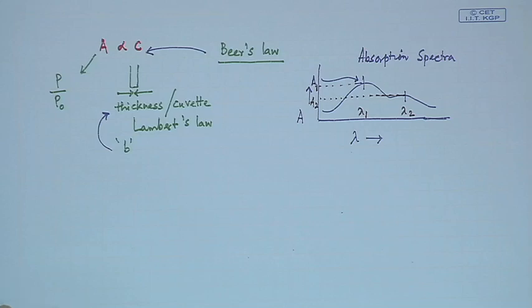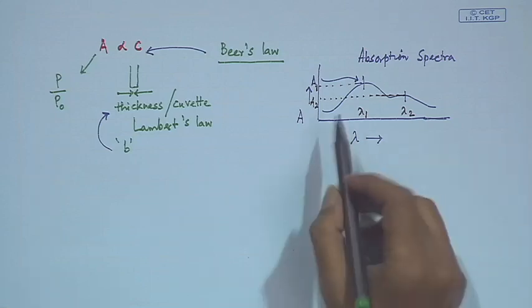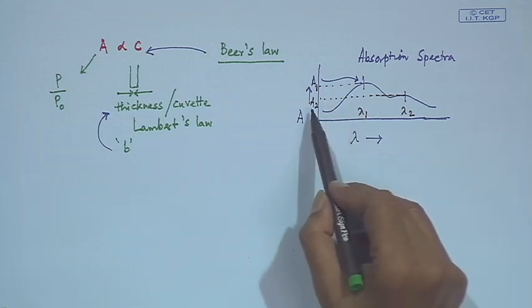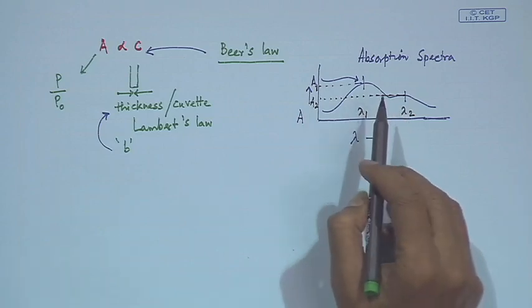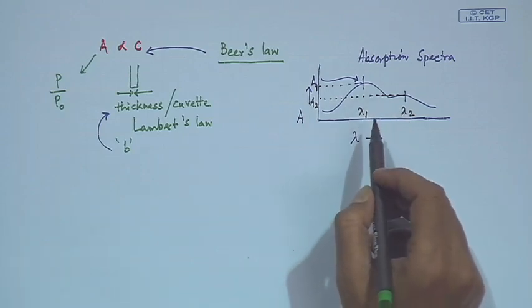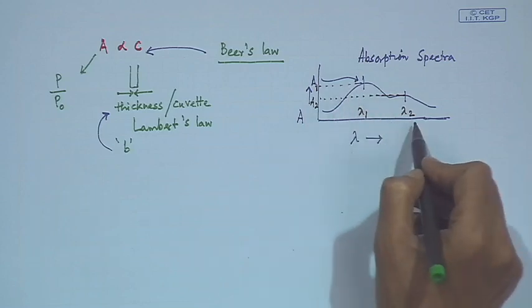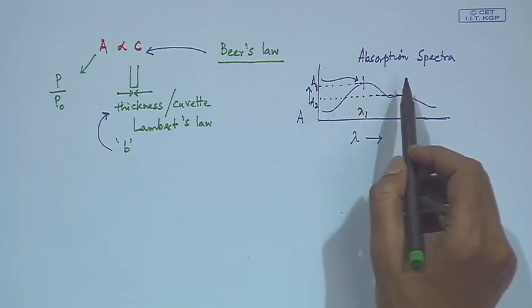So we can have two different absorbances: A 1 at lambda 1, and A 2 at lambda 2.